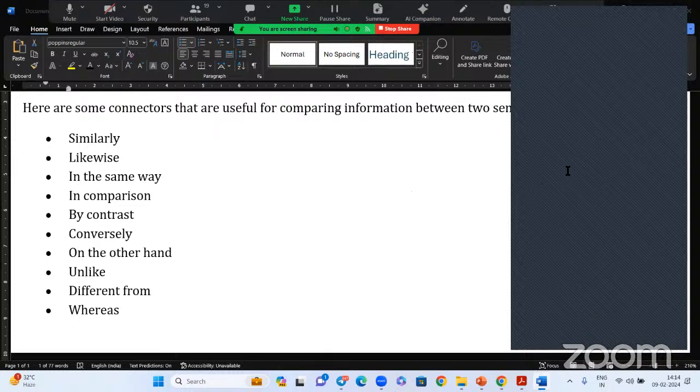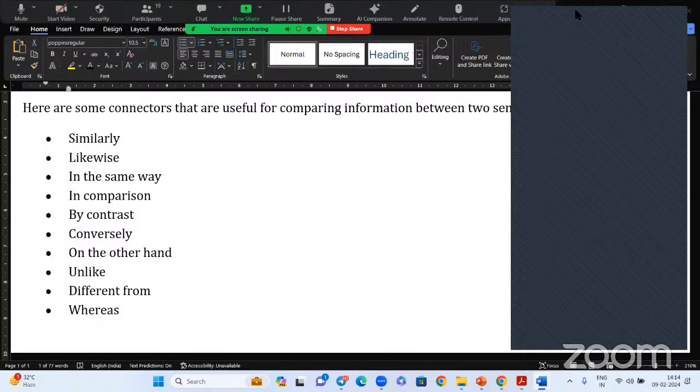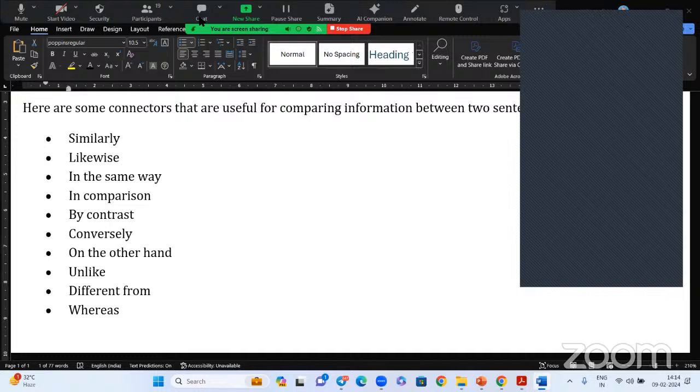Now you can use one sentence using similarly. Can somebody help? So Akhil or Meera or somebody can help, please.